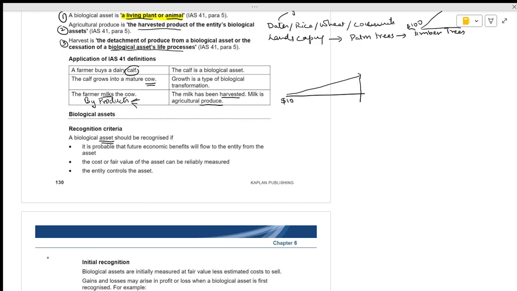There is a probability, meaning there is a chance of occurrence that economic benefits will flow to the entity. The cost or fair value of the asset is reliably measured. This is with respect to the conceptual framework.